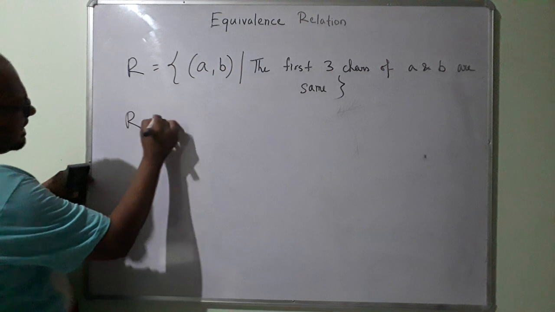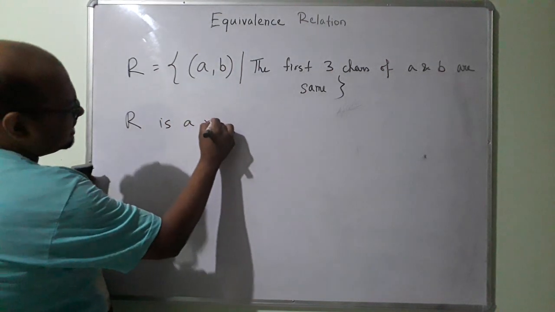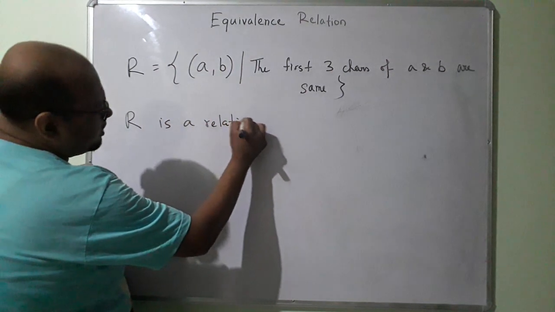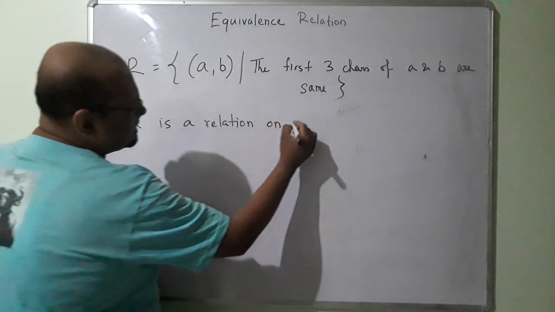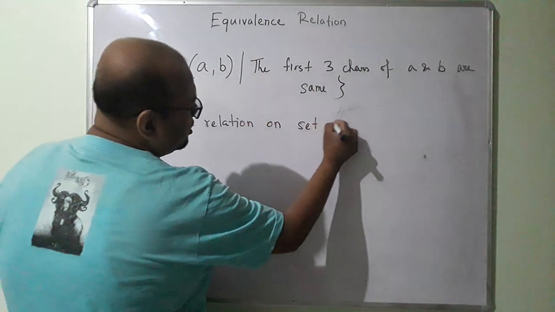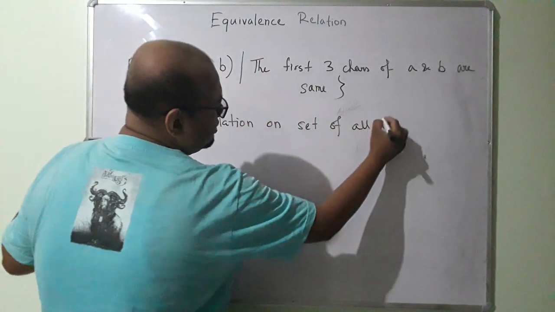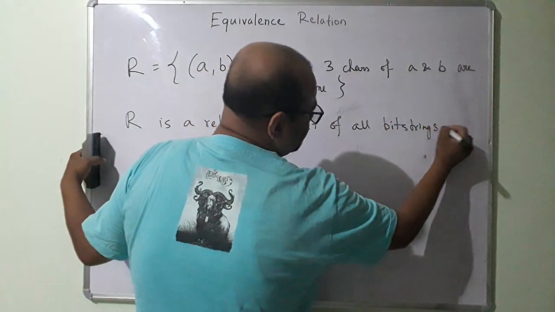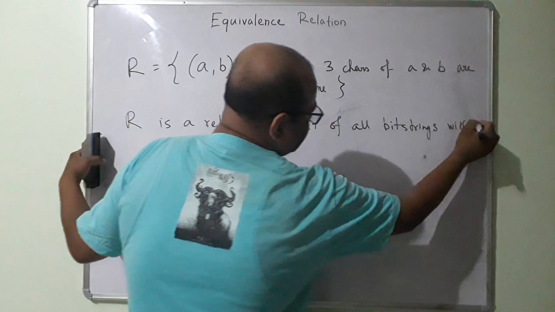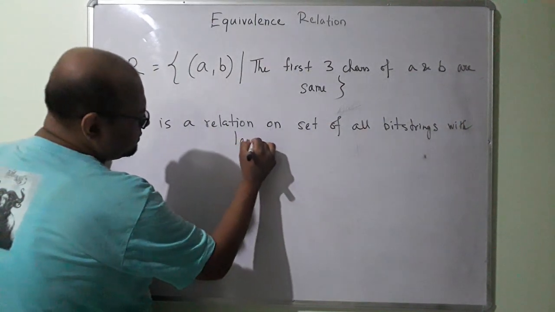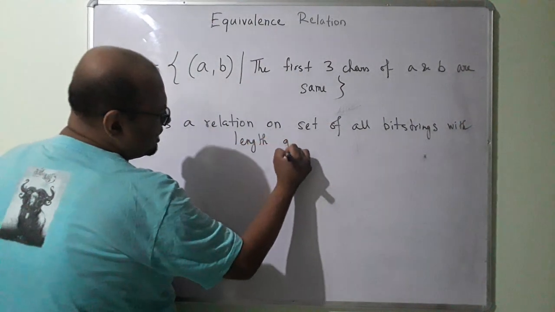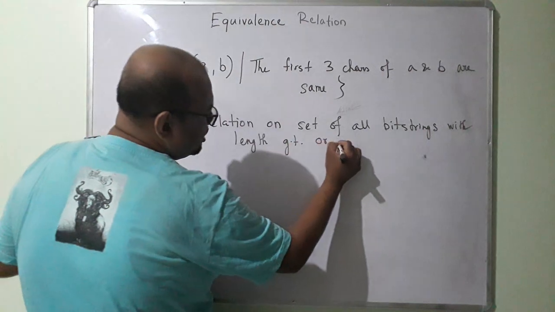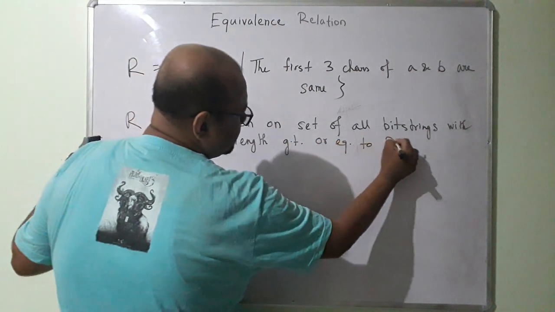R is a relation on the set of all bit strings with length greater than or equal to 3.